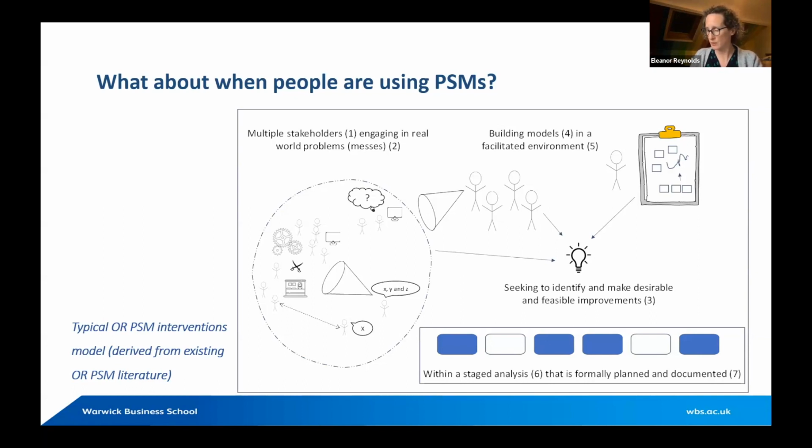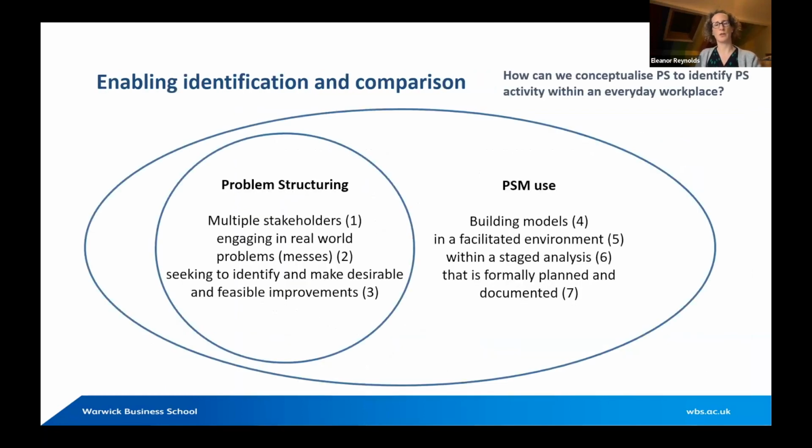So as I sought to set up some criteria with which to say, am I seeing problem structuring, and how do I compare that with what I might perceive as a typical OR-PSM intervention, I was able then to say, okay, I have 3 statements about problem structuring, and I have 4 additional statements about what that problem structuring would look like if a PSM was being used.